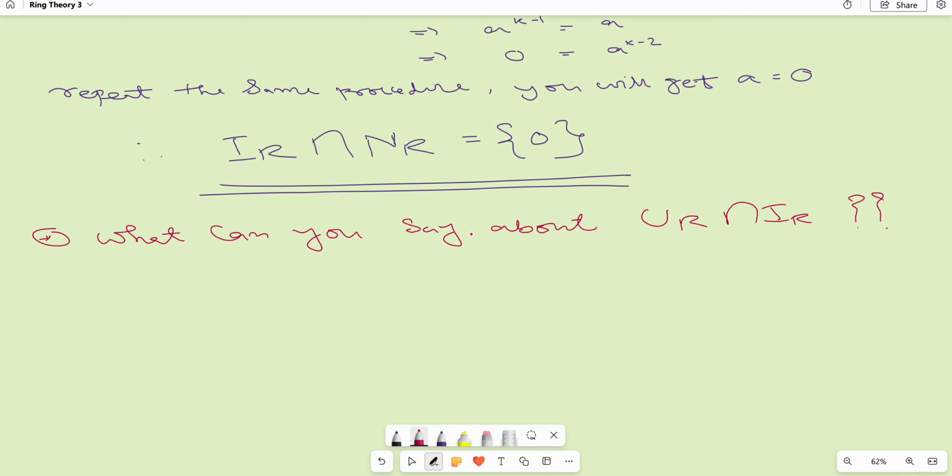Suppose you take one element here, it will of course be a unit and also an idempotent element. What can you say about this? We'll discuss it in the next lecture, and you just try. It is very easy. You take any element and you will see what is actually happening, right?